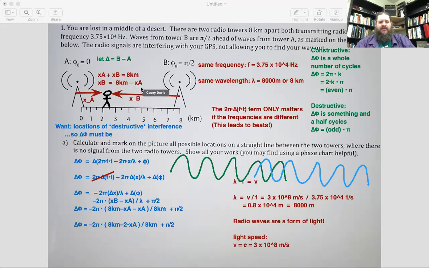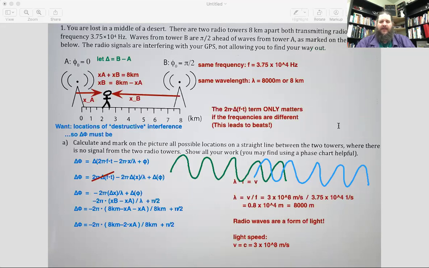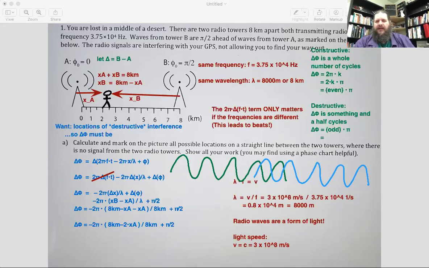In this case, though, we can add in one more piece of information. Since we know we're talking about destructive interference, we can assume that delta total phase is an odd multiple of pi. There are a few ways you could write that. You could just leave it as odd times pi and treat the word odd as a variable. Alternatively, any even number can always be written as 2 times k, 2 times some whole number.